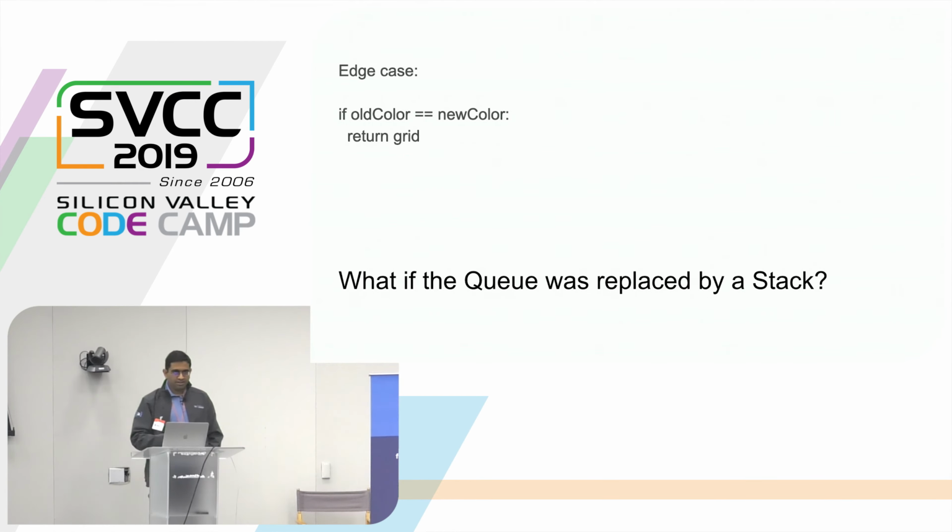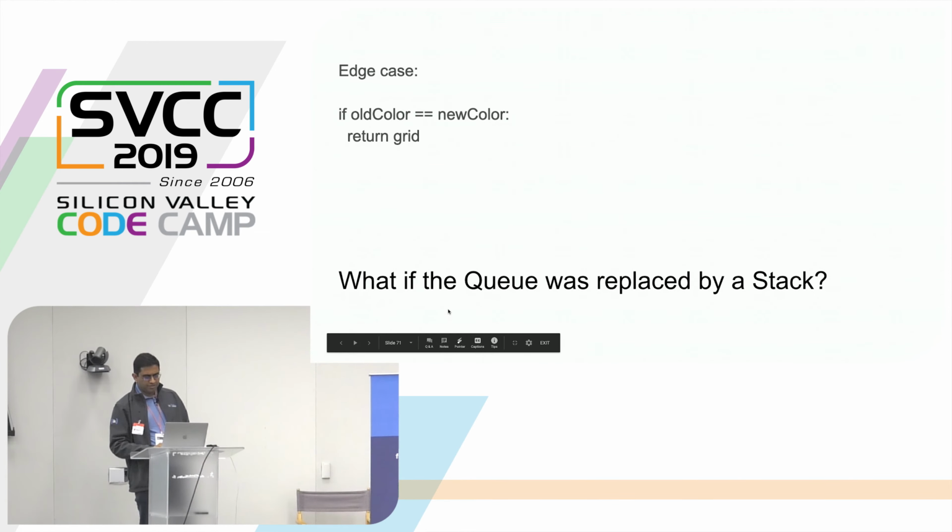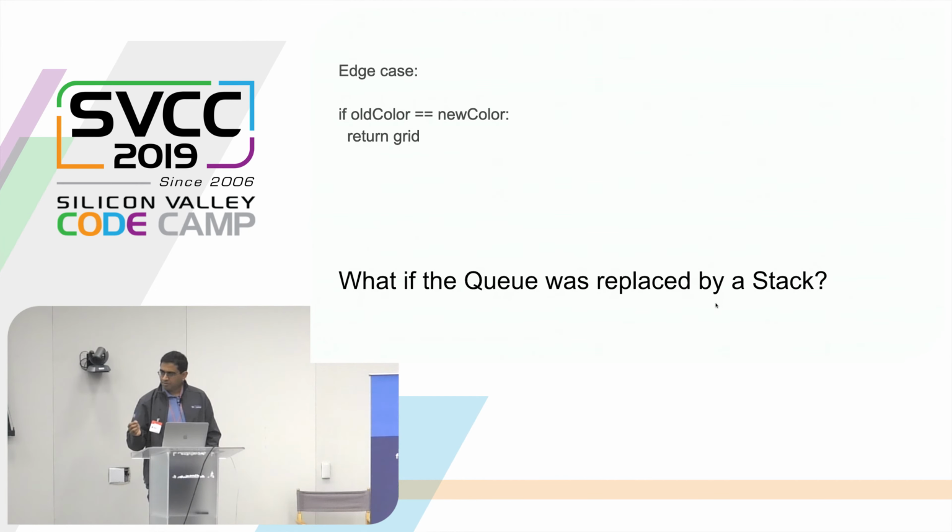Edge cases are something that we often teach our students how to think about. So this has to be handled separately. And as I already mentioned, if the queue was replaced by a stack, the algorithm would continue to work correctly. If it was replaced by a priority queue and you add some default priority to it, could be anything, it would still work correctly, although that would be an unusual way to solve this problem.